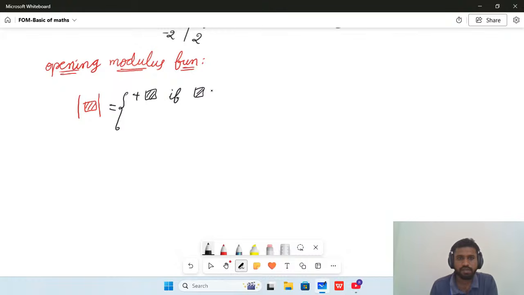If that expression is greater than or equal to 0, it will be opened with a positive sign, and otherwise it will be opened with a negative sign. So this modulus will be opened with a negative expression if the expression is less than 0.